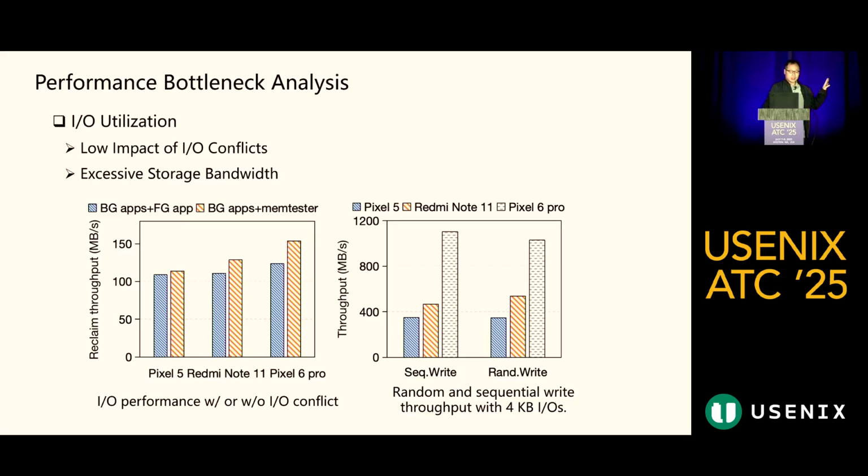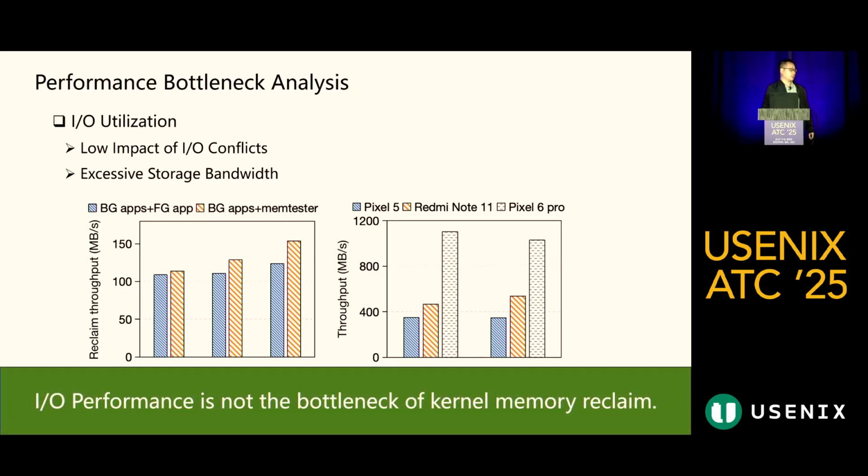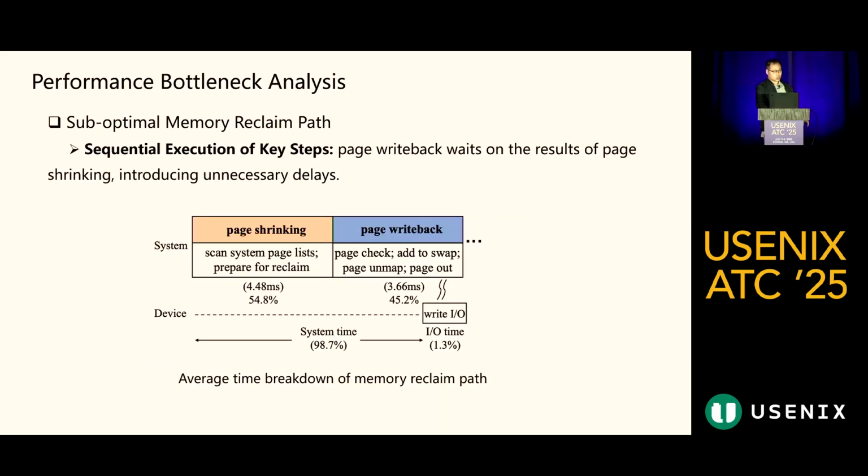We found that the storage of the mobile device provides a much higher throughput compared to the reclaim throughput. Okay, so the maximal throughput for the storage is around 1 gigabyte per second, but our reclaim throughput is around 100 megabytes per second. So we believe the I/O bottleneck should not be the storage device. It should be the memory reclaim path.